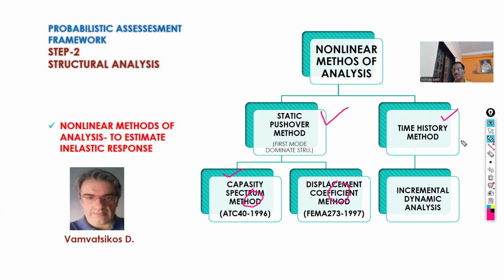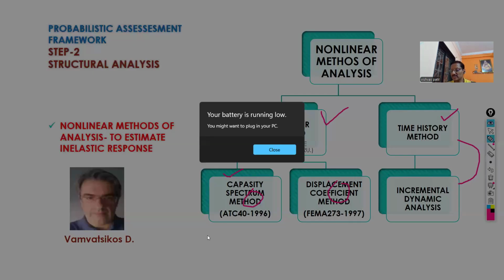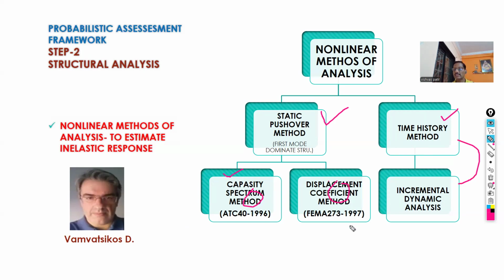The advancement of this method is the incremental dynamic analysis, which was developed by the researcher Vamvatsikos in his PhD research in 2002. All these methods are to calculate the inelastic response of the structure.